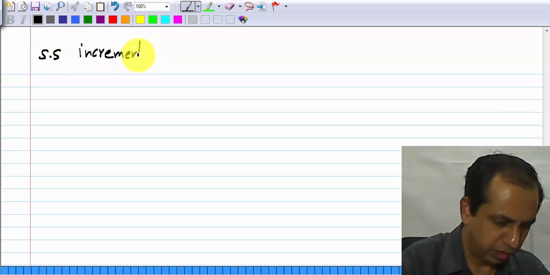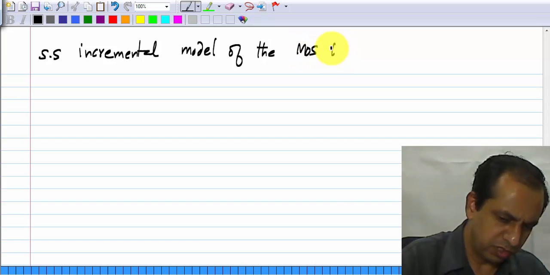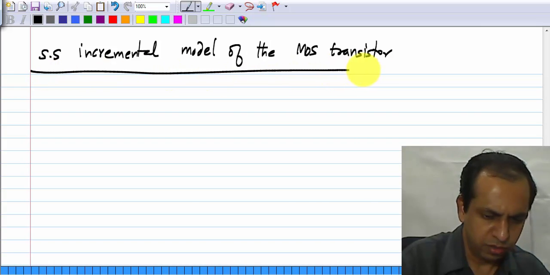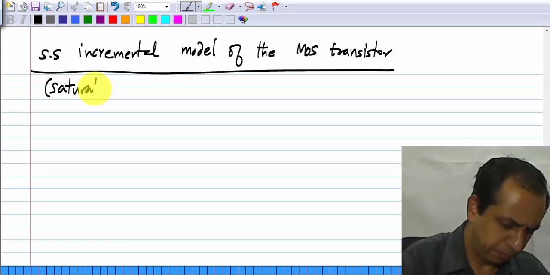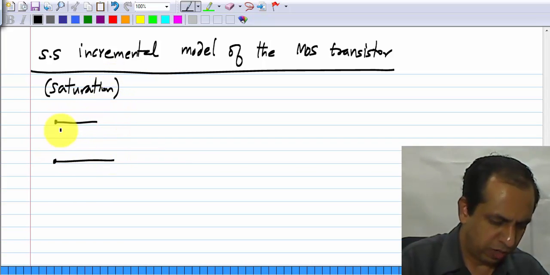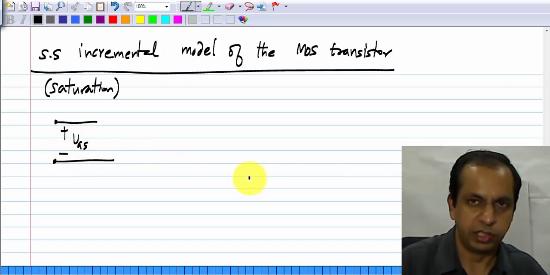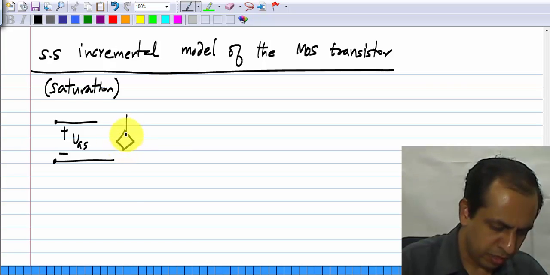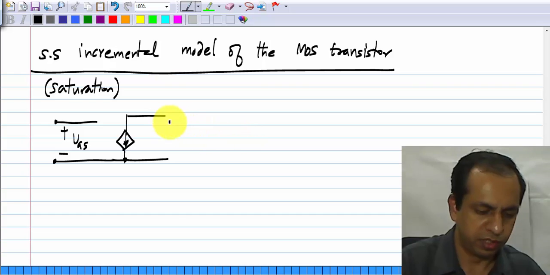So, the small signal incremental model of the MOS transistor in saturation region: we will have the incremental voltage V1, which of course we refer to as VGS, keeping in consistency with the terminology of the MOSFET.